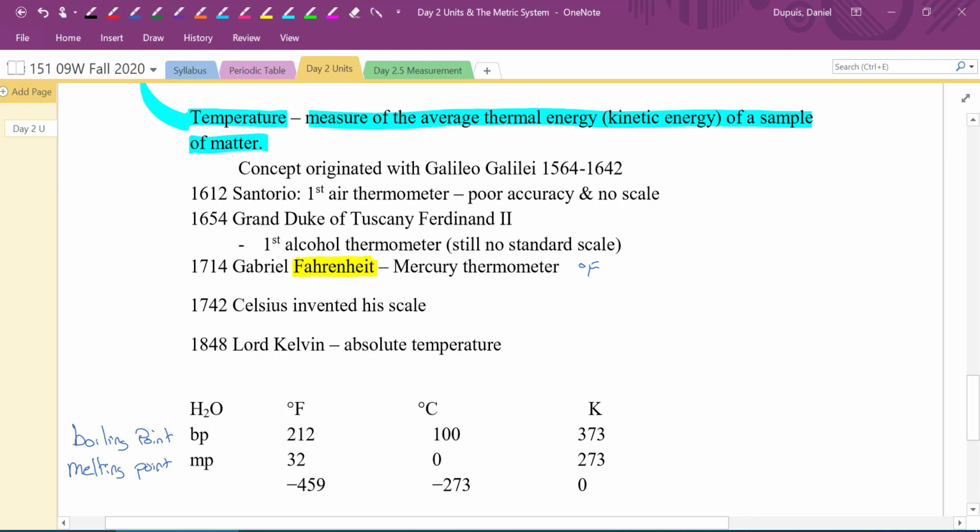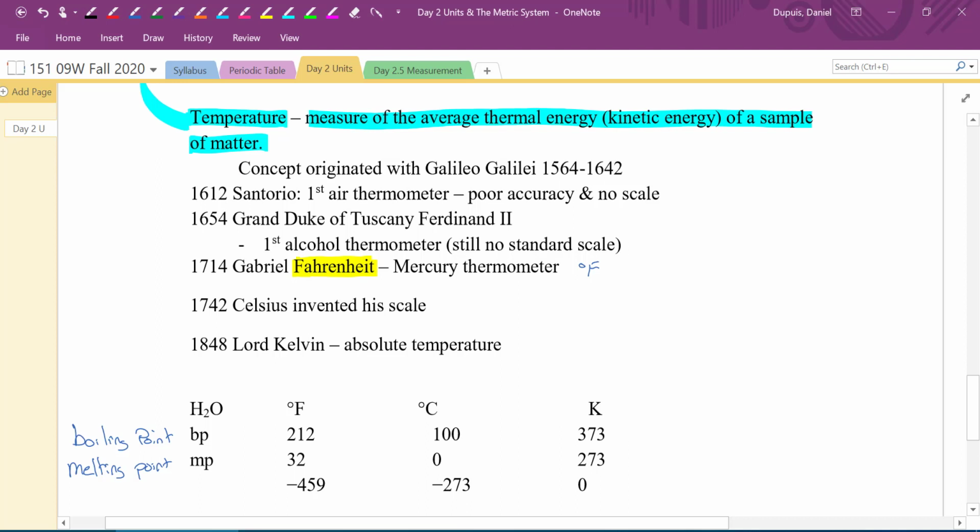Those of us who've been driving in wintertime on cold roads with snow and ice know that local municipalities will put salt on the roads to help melt the snow and ice. Below 0 degrees Fahrenheit, the salt doesn't work anymore. Water will freeze. That's good to know. So that's where he made his 0.